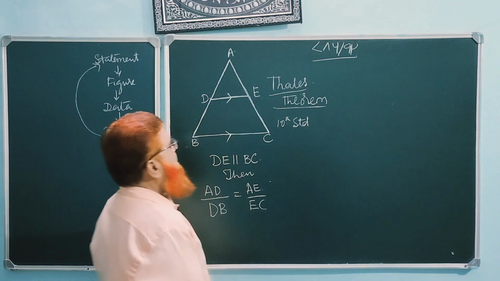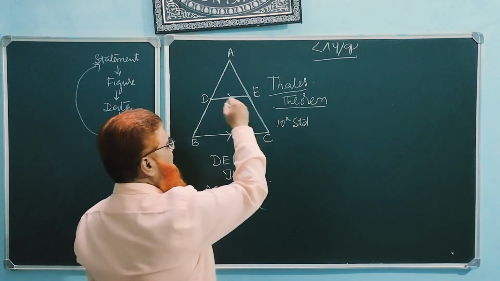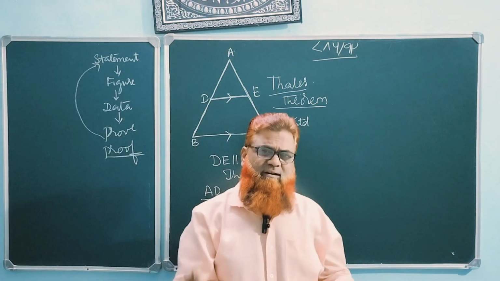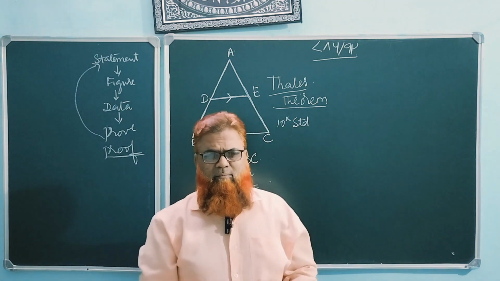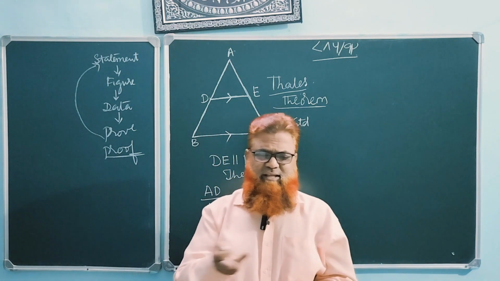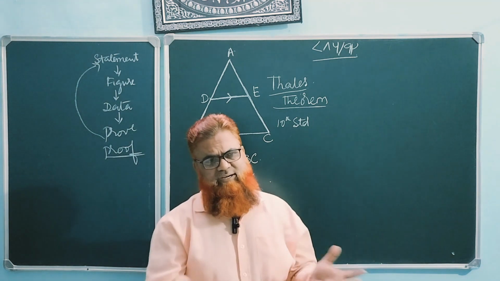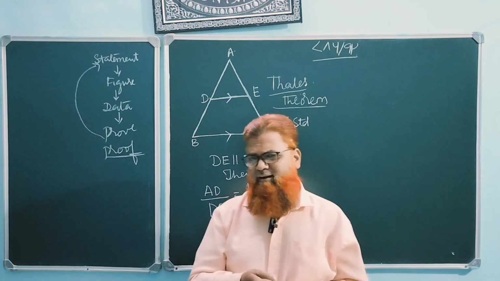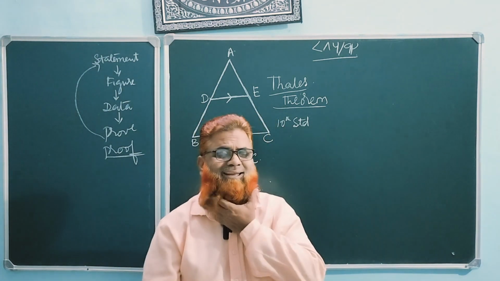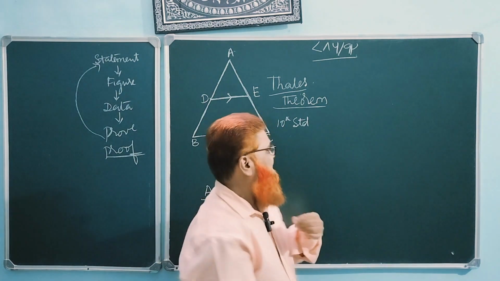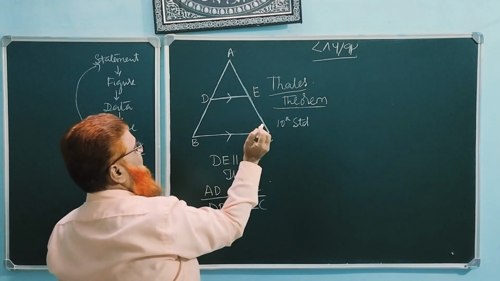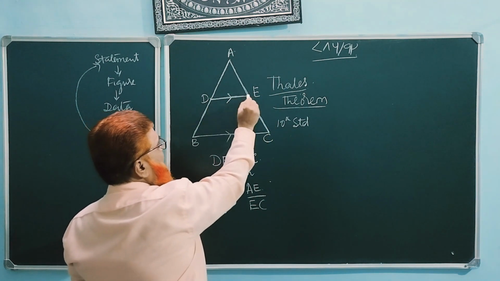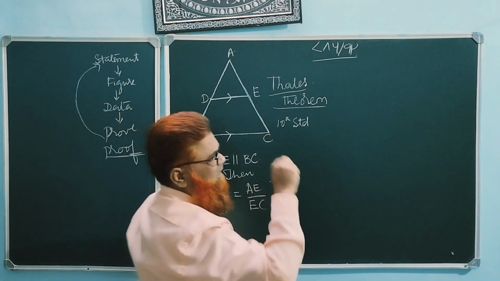Right. Thales says that in any triangle, you take any triangle of any type based on the sides: scalene, isosceles and equilateral triangle. Based on the angles: acute angled, right angled and obtuse angled triangle. In any triangle, see that ABC is a triangle.